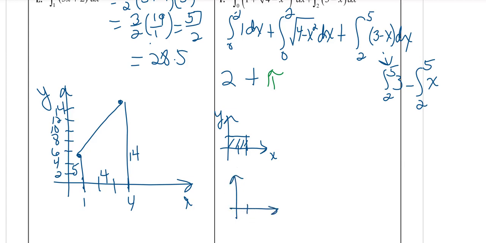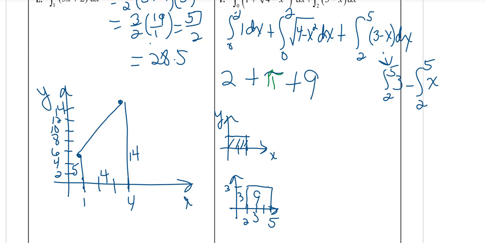So I'm going from 2 to 5, and now it's going to have a height of 3, so I'm going to have this rectangle here that is 3 by 3, so that's 9, so I'm going to have a 9 here.